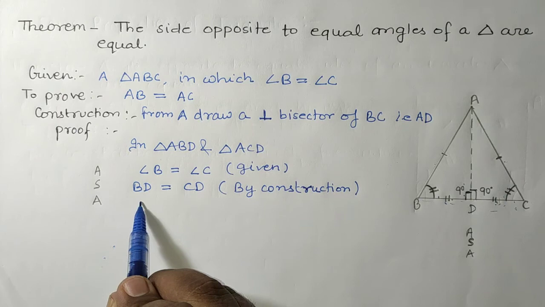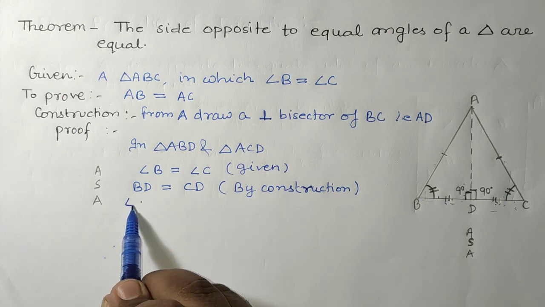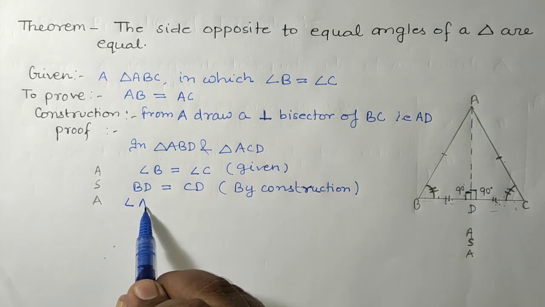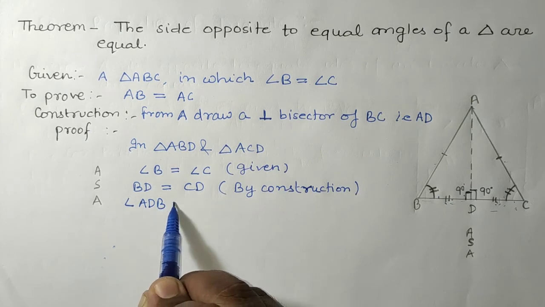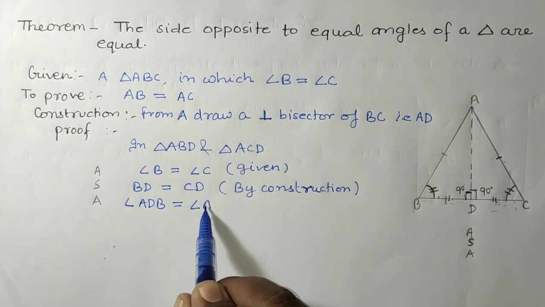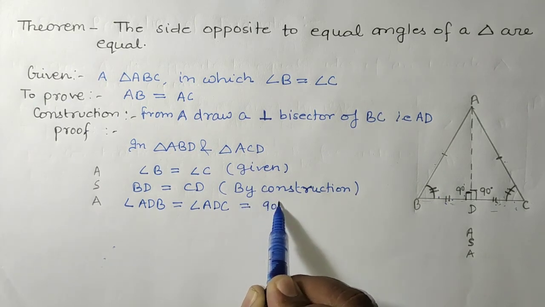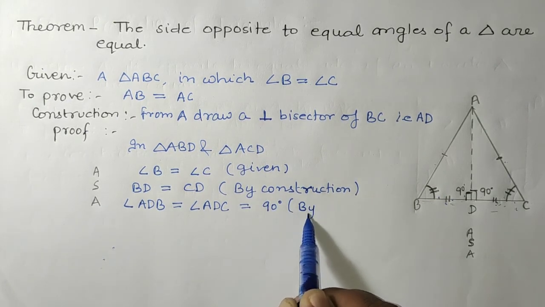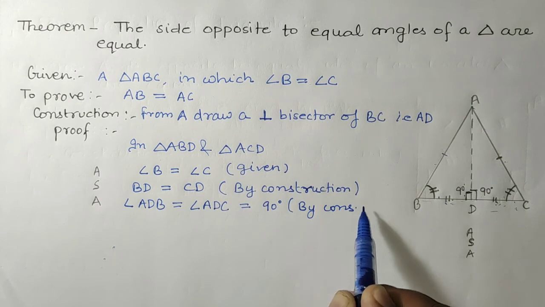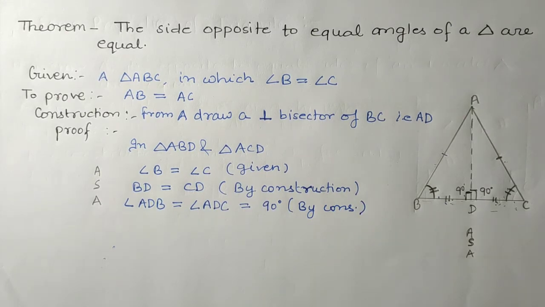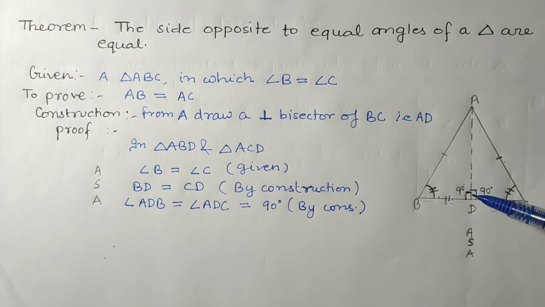and angle ADB is equal to angle ADC, and both are equal to 90 degrees by construction. We have drawn the side AD such that it is perpendicular on the side BC.